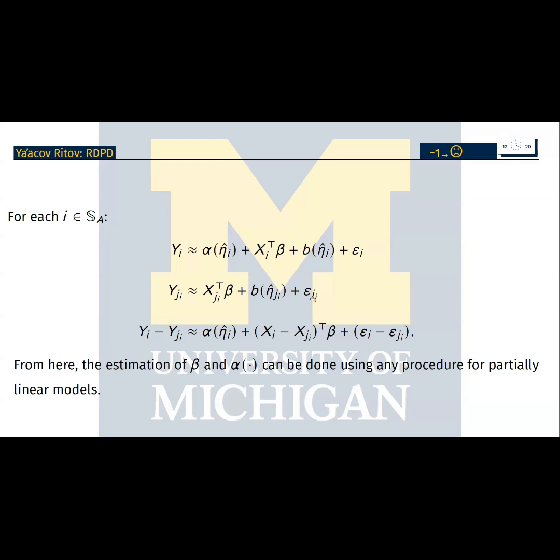Epsilon has conditional expectation 0, and therefore what I got here is a simple linear equation where I can estimate beta if I want, and alpha if I want. Alpha I want, that's all I talk about. I can use any procedure for a partial linear model, any procedure for a linear model.